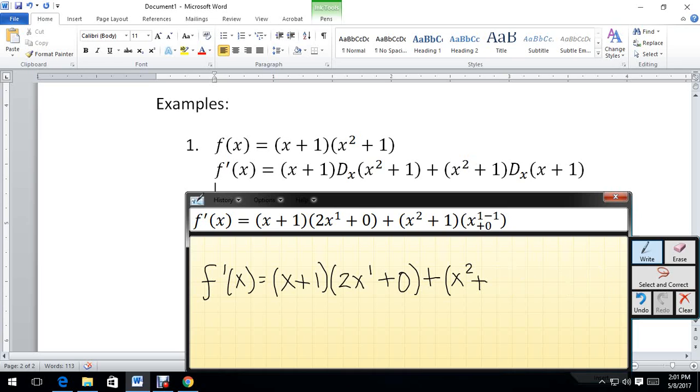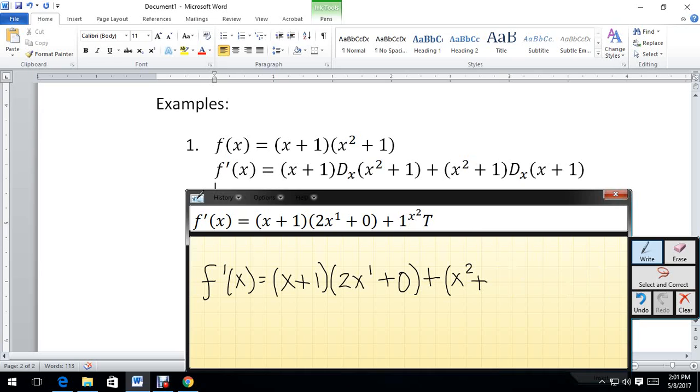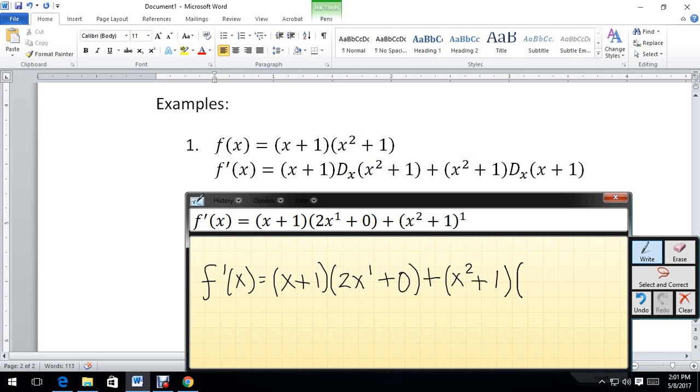Let me clarify that part: you have x squared plus 1 times the derivative of the second, so x raised to 1 minus 1, then plus 0. Let's insert this in our document.